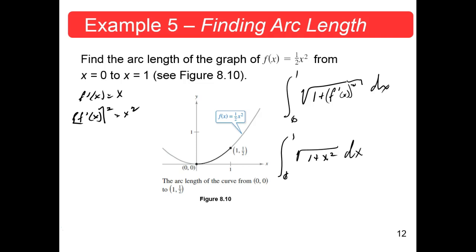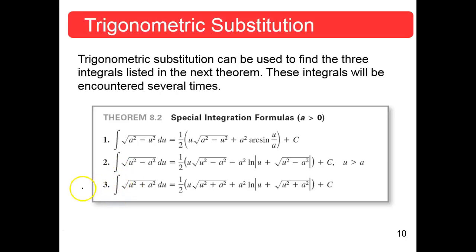Okay? So, let's go back to the previous page and see what that antiderivative is. Well, I won't call it that. The square root of 1 plus x squared. That's this one down here, number 3. And what a mess, but doable. In this case, this is a 1 and this is an x. Okay?